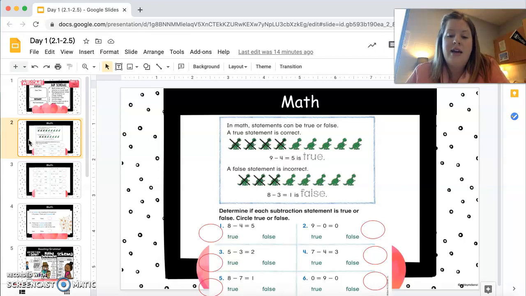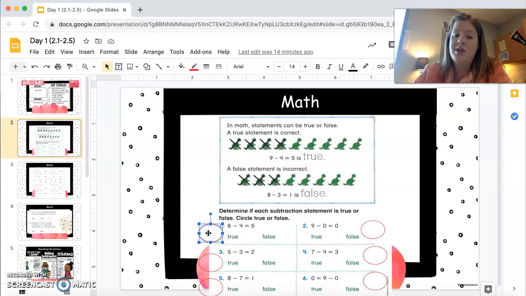So on this, you are going to go ahead and you're going to subtract. It's telling you, like right here, it says 8 minus 4 equals 5. Your job is to get out a scrap piece of paper, and I want you to double check this, okay? Because if it is true, for example, like this one, I'll do this one with you guys. So 8 minus 4 equals 5.